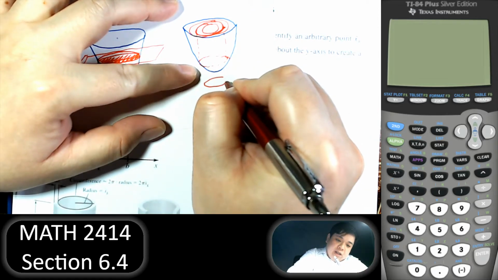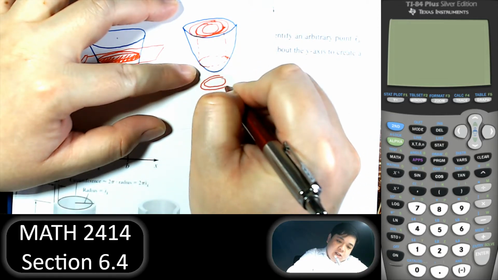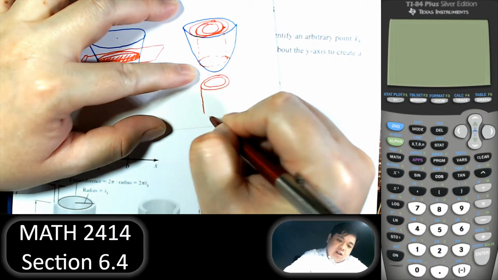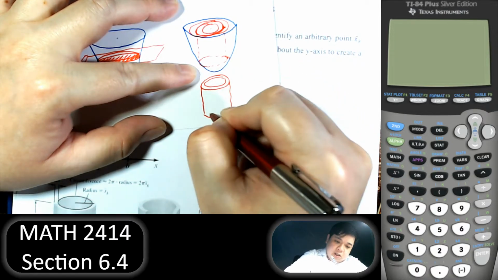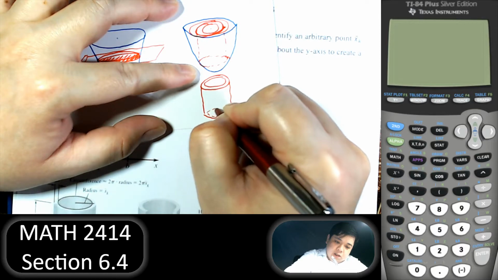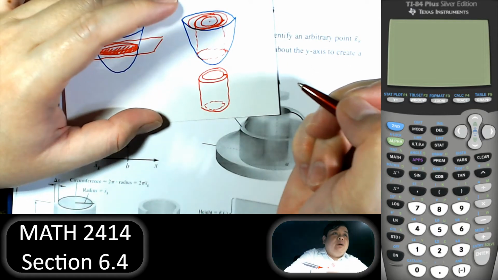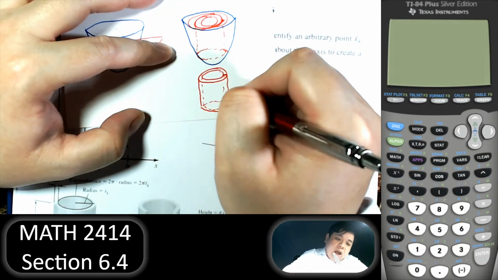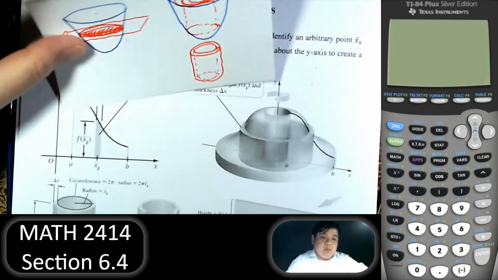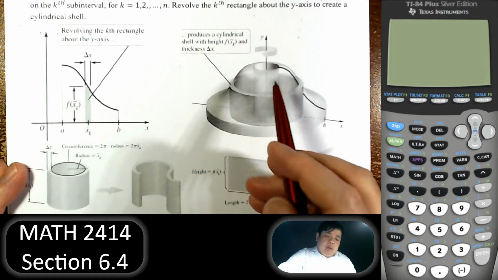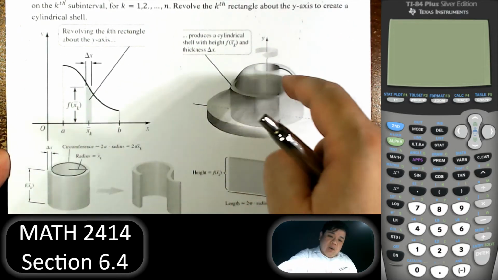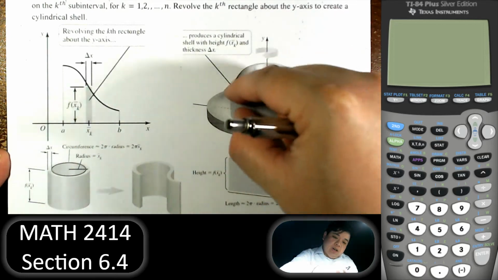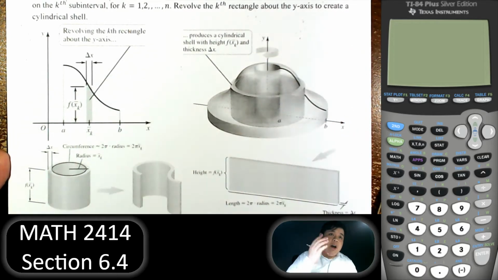By a cylinder I mean a very thin shell. So that's the width of the shell, and we find the volumes of all of these, add them up, we will have the volume of the whole thing. So that is the volume by shells. We take a shell and find the volume of one shell, and then the volumes of all the shells, add them up, we have the volume of the whole thing.